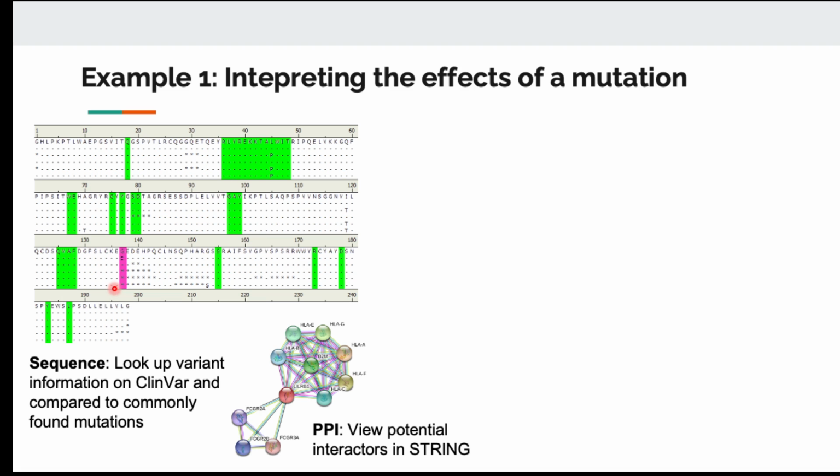Next, you might want to understand if the mutation is in a certain protein, will it disrupt the function of that protein? For the first estimate, you might want to know if that protein interacts with other proteins. If this protein interacts with many other proteins, then maybe a mutation in it can disrupt how the protein works together. That allows you to make hypotheses about what pathways might be affected by this mutation.